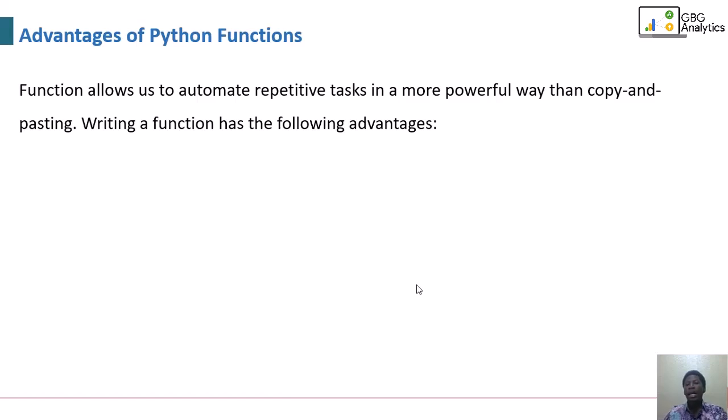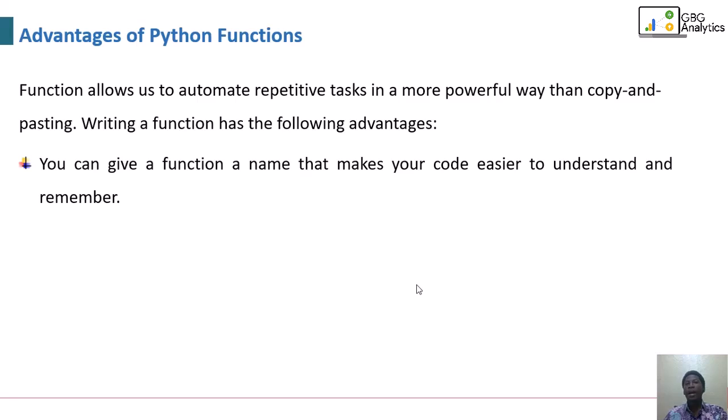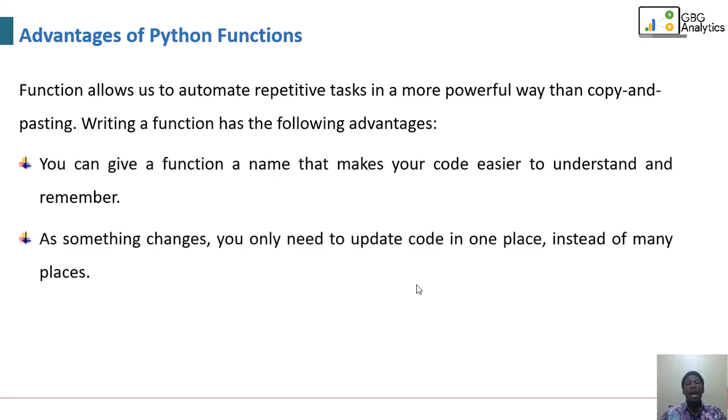Writing your own function has different advantages. For example, you can give a function a name that makes your code easier to understand and easily remembered. As something changes in your function, you can easily update that code in one place instead of editing many codes in different places.